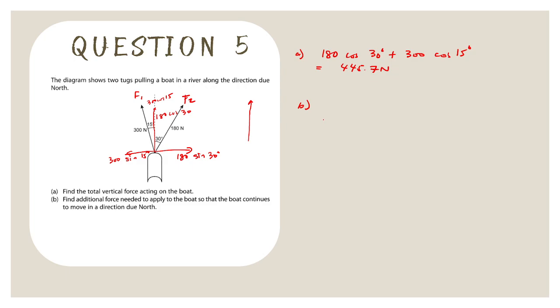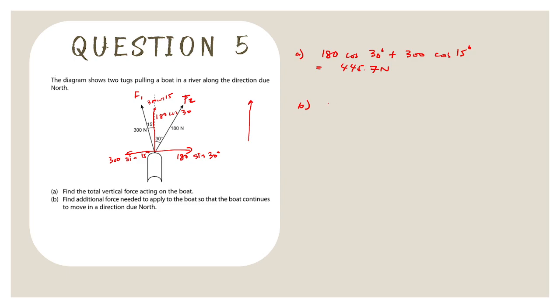Okay, it will be going left and right because those two ropes, two tugs that are pulling, the sum of F1 and F2 is pushing a little bit left and a little bit right. Okay, so we want to find what is the horizontal force first, then we can determine how to counter the horizontal force.